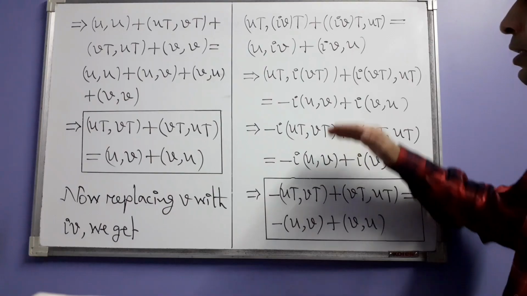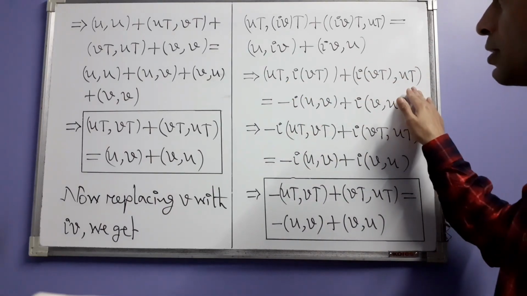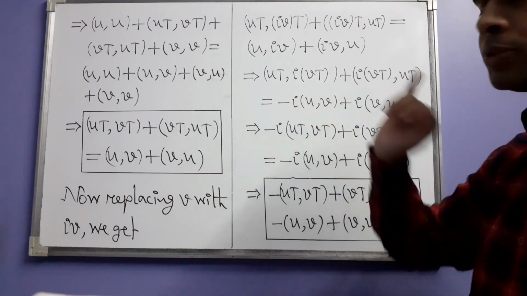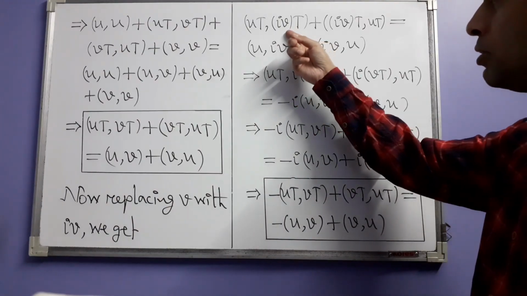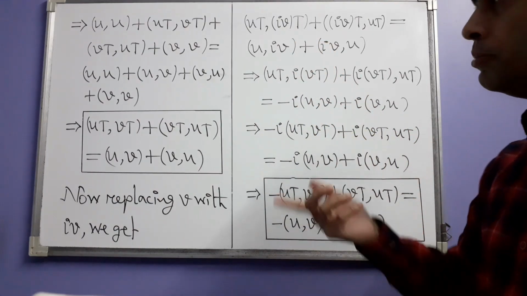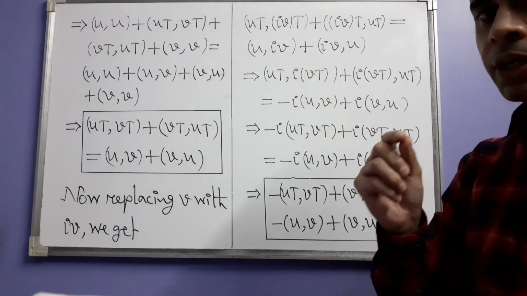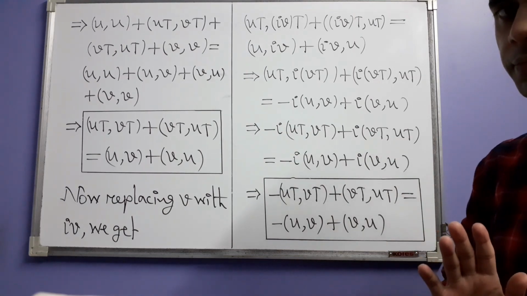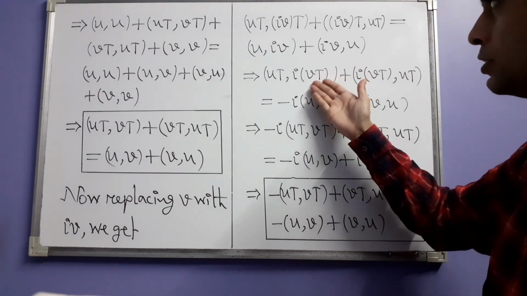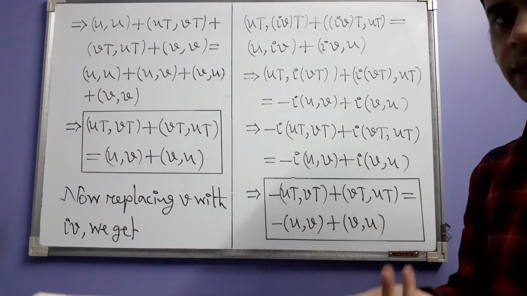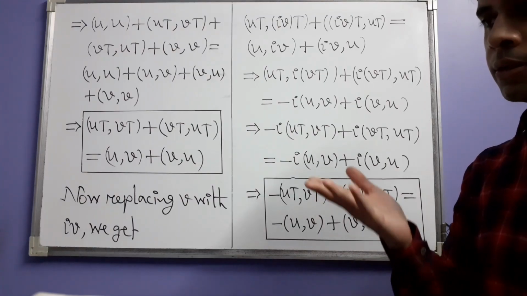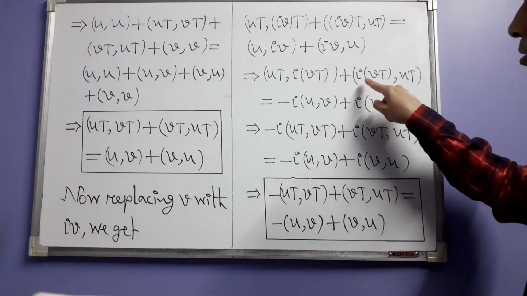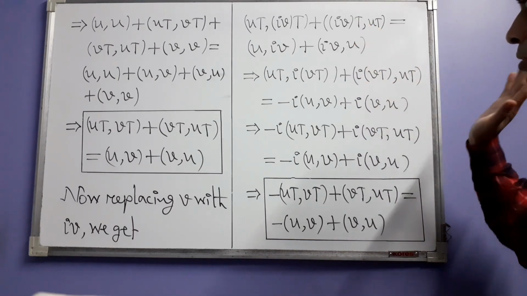Alright. Now then in the next line, on the left hand side, first i comes out and you get i times vt here. The difference between this and this of course is clear to you. This is the t image of the vector iv and this is i times the t image of v. And we are able to write this one in place of this one because T is a linear transformation, so it preserves scalar multiplication. Similarly here also i comes out and you have vt comma ut.